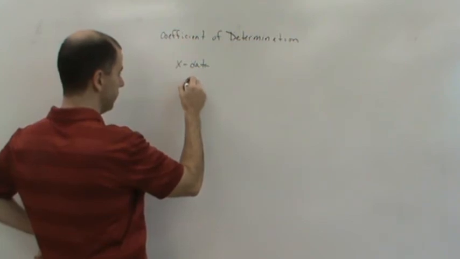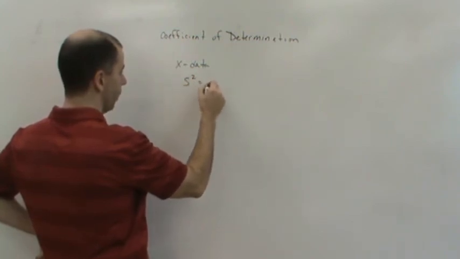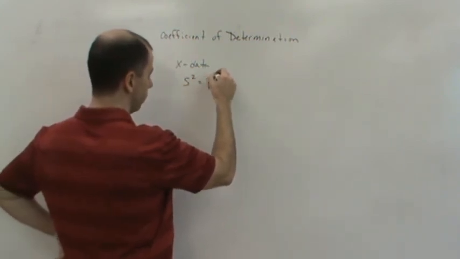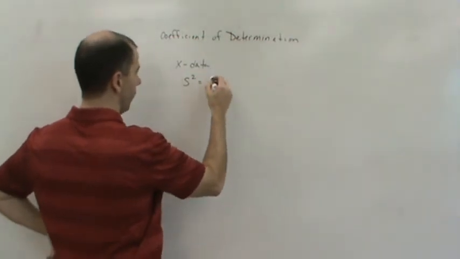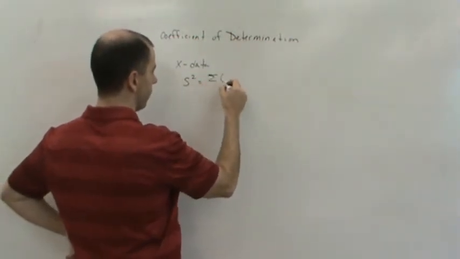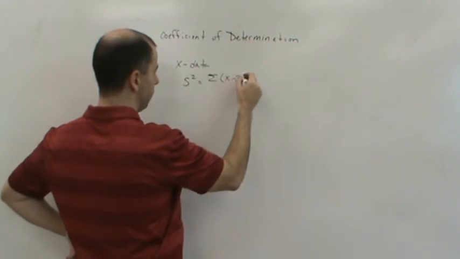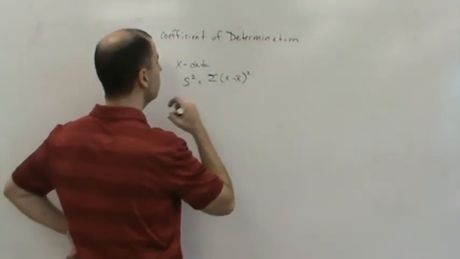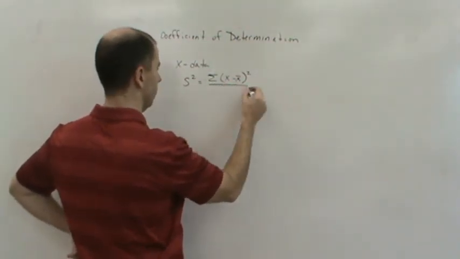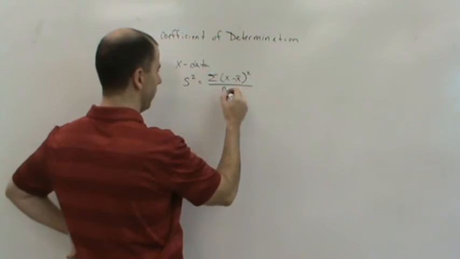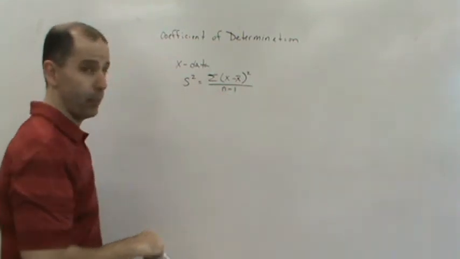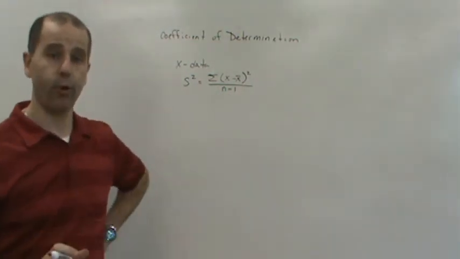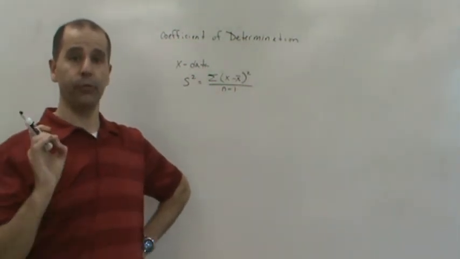And the variance was this formula: the sum of x minus x bar squared, divided by n minus 1. That was the formula for the variance of your x's.